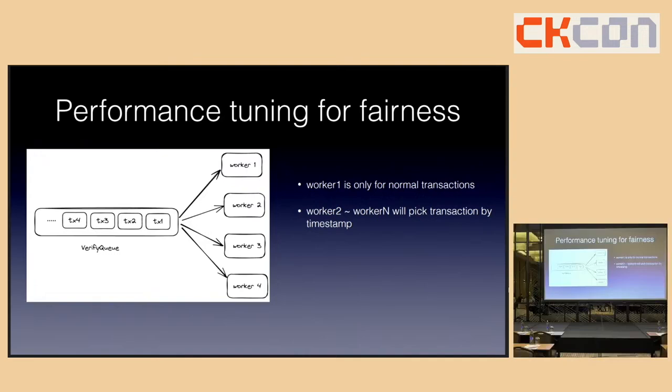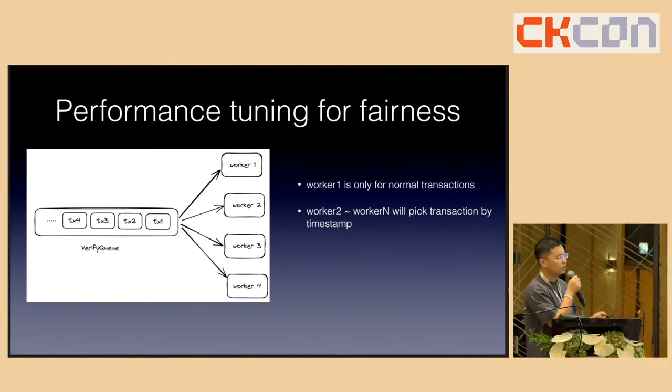So in practice, we also found a scenario we don't want: too many transactions with large cycles will block the normal transactions. You can imagine a scenario where there are a lot of transactions with large cycles, and all the workers will be busy processing the large cycles.